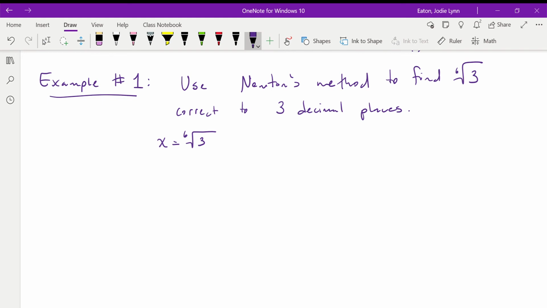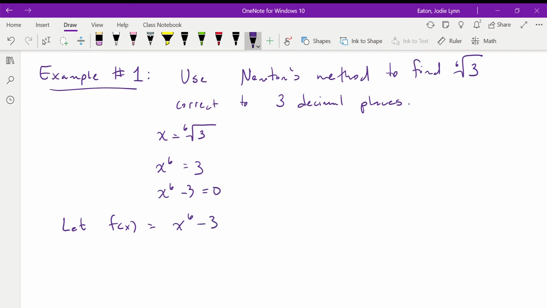We can raise both sides to the 6th power, so x to the 6th has to equal 3. That means x to the 6th minus 3 is 0. Now we are looking at finding the 0 of a function. So we let f of x equal x to the 6th minus 3, and we're going to work out where that is equal to 0.